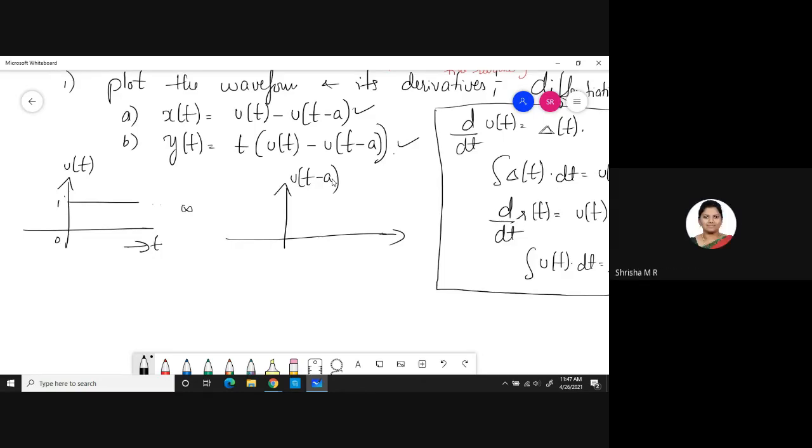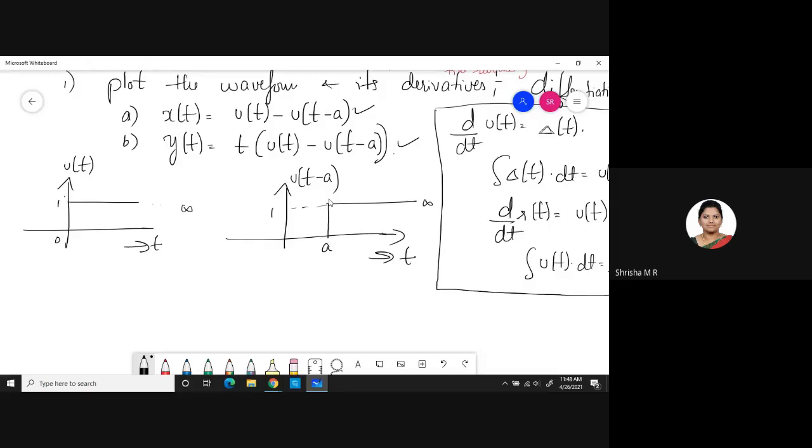We don't know what a is. Here K is a constant, and here a is a constant. Since a is positive, it means right shifting, and the signal occurs a seconds late. So the signal starts from a and goes up to infinity with an amplitude of 1. Understood, everyone?